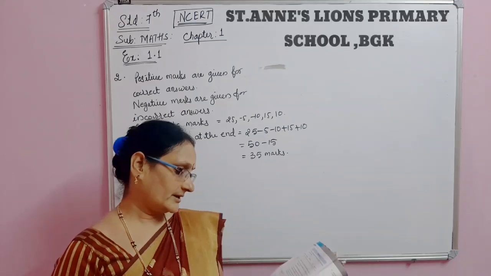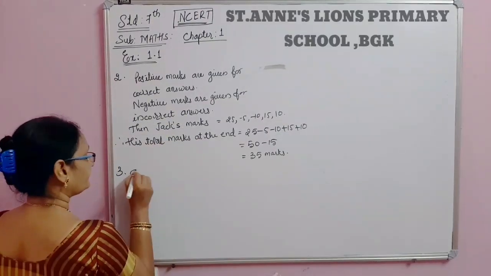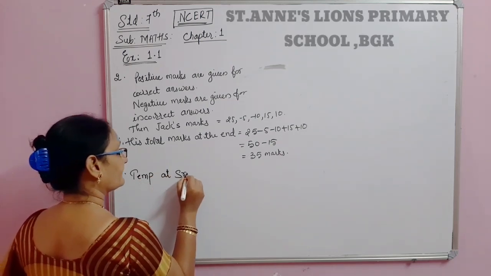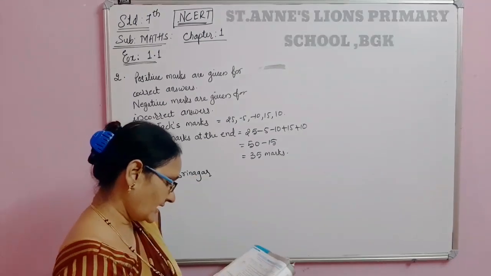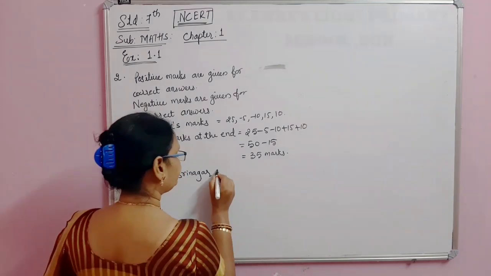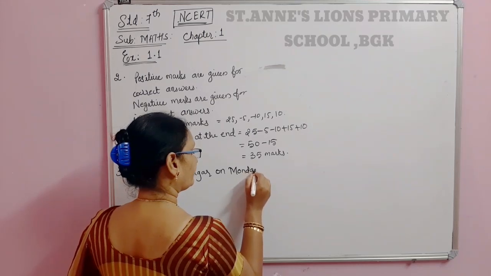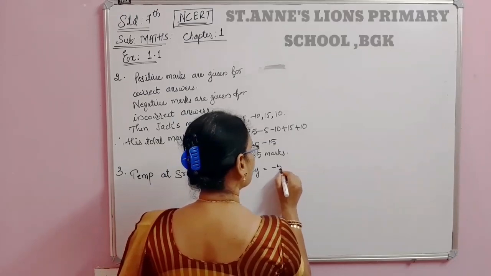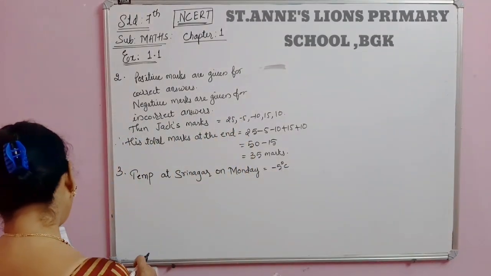Now see here, the temperature at Srinagar on Monday is equal to -5 degrees Celsius.